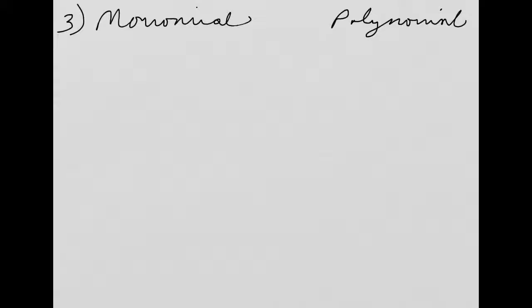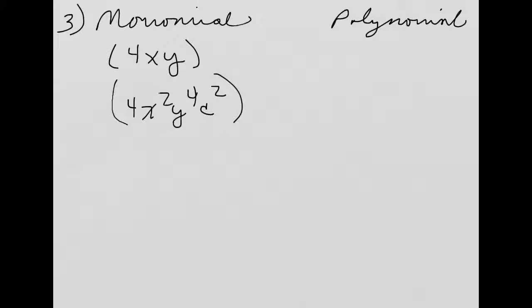So what you've looked at so far with your exponent problems have mainly been monomials, which is a single term, which can be like in the form of 4 times x times y, or something like 4x squared y to the fourth c squared. You can have any number of variables, but it is always the case that all of your exponents are going to be whole numbers.